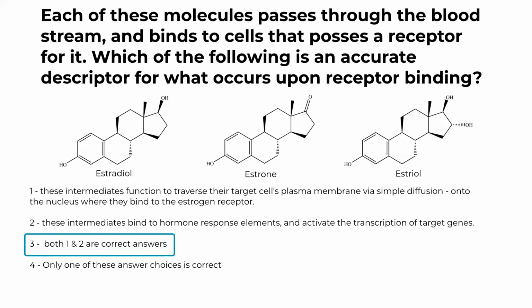These intermediates function to traverse their target cell's plasma membrane via a process of simple diffusion and onto the nucleus where they bind to the estrogen receptor. The other statement that's true is that these intermediates bind to hormone response elements and activate the transcription of target genes. Can any of you tell me the difference between active transport and simple diffusion, and why these molecules may be perfect for simple diffusion?